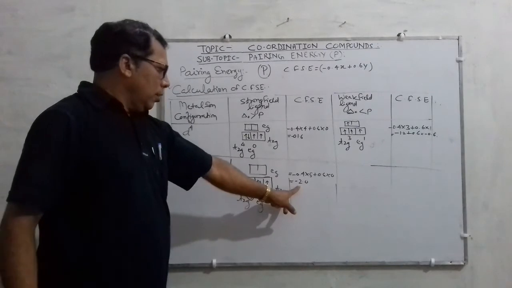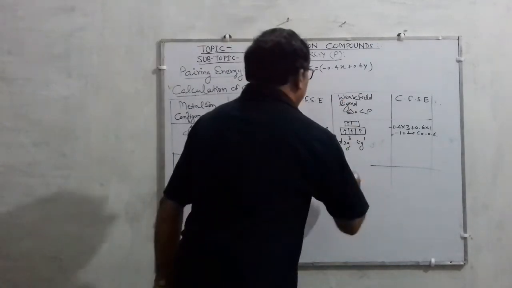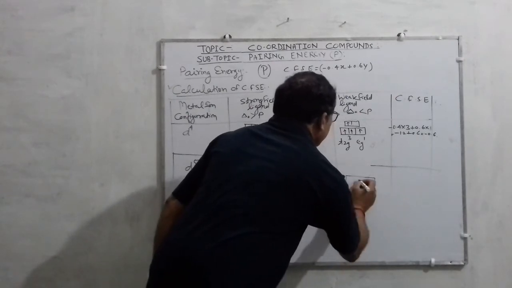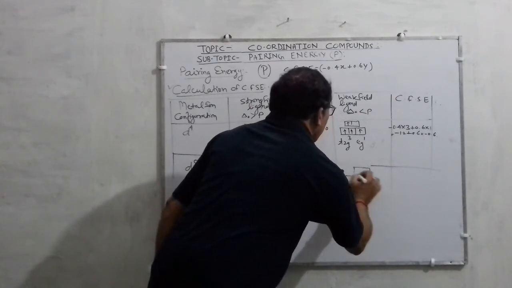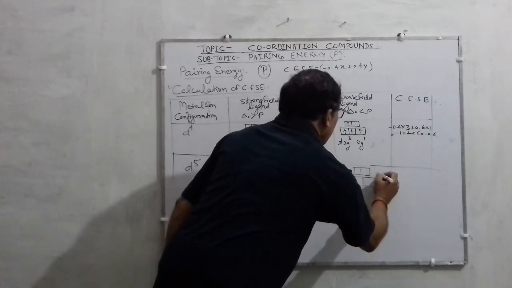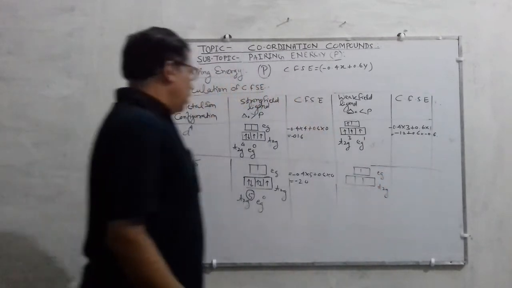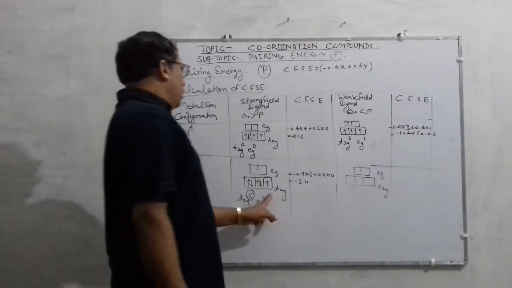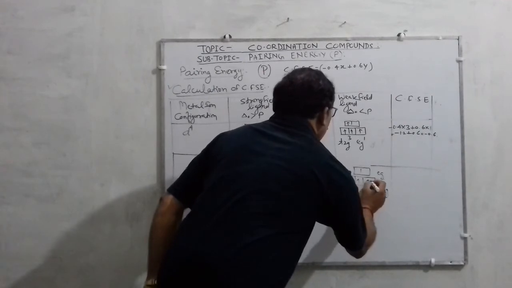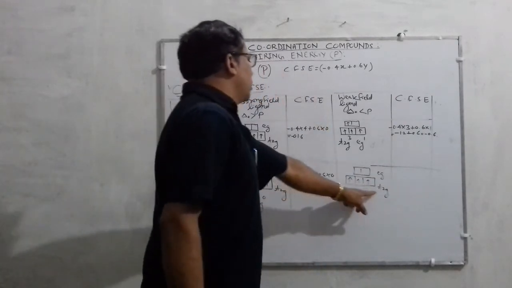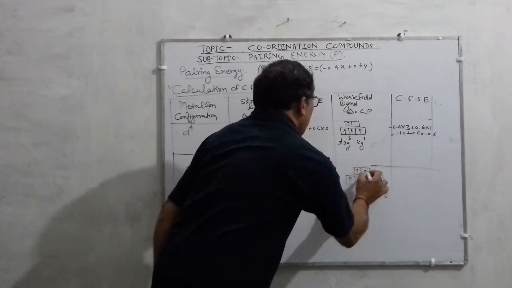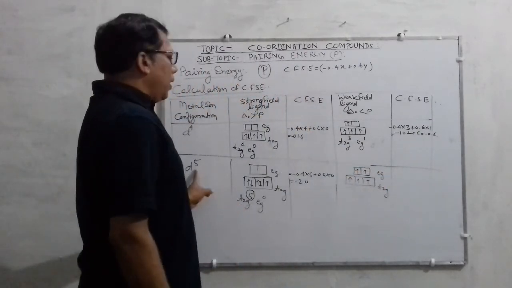And in the case of weak field, what happened? Listen, in the case of weak field, this is your t2g and this is your eg. It will be written with 3 electrons in t2g and 2 in eg for d5.